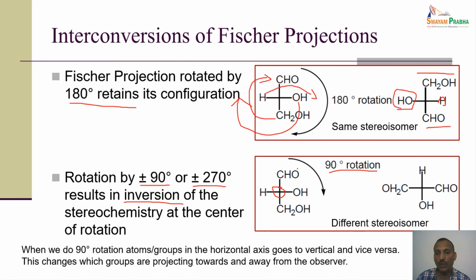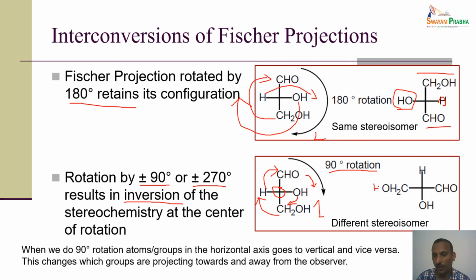We are simply moving the CH2OH to here. Every group will move one place. In the previous case, every group moved two places. So here it will move only one place. The OH will come here, the CH2OH will come here, and the hydrogen will go up. So hydrogen at the top, CH2OH at the right, OH at the bottom, CH2OH at the left hand side.